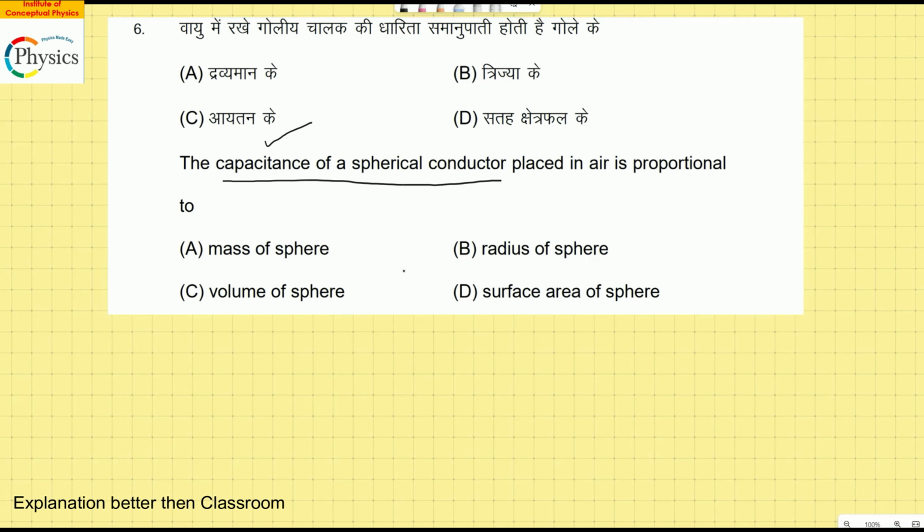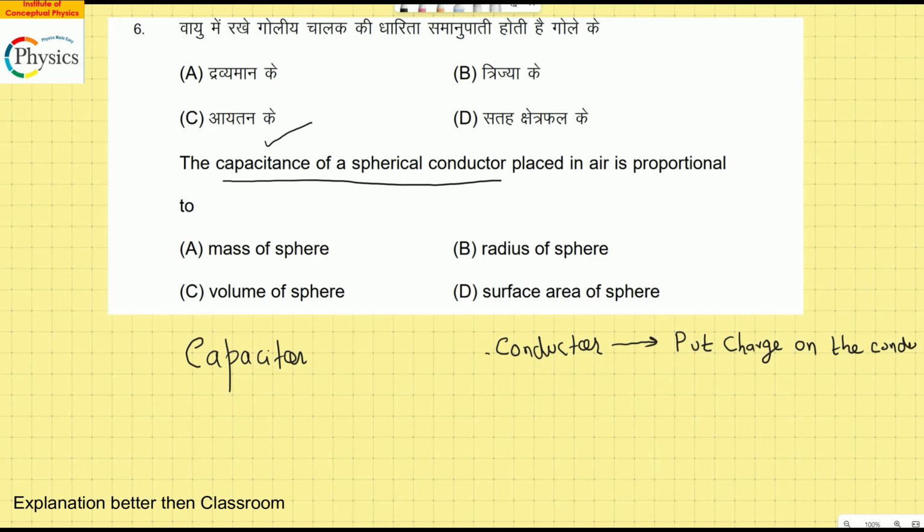So when we talk about a capacitor, before we do that, let's understand that if you have a conductor and you put a charge on the conductor, what happens to the conductor?